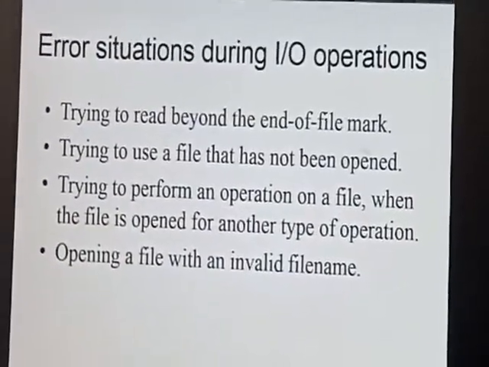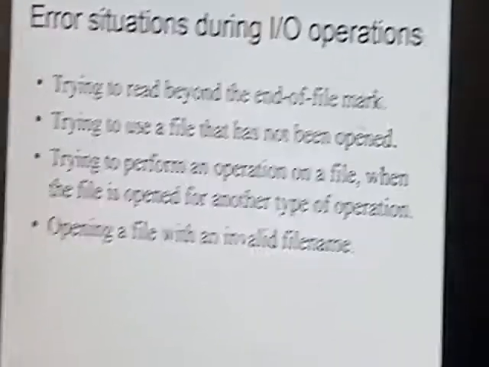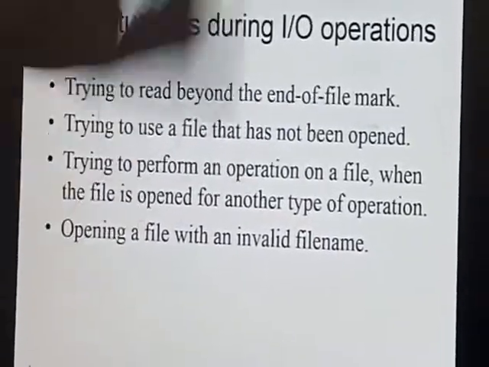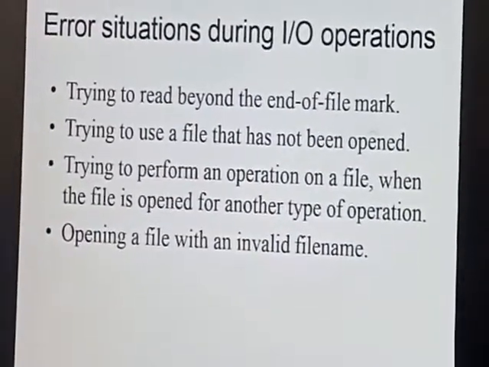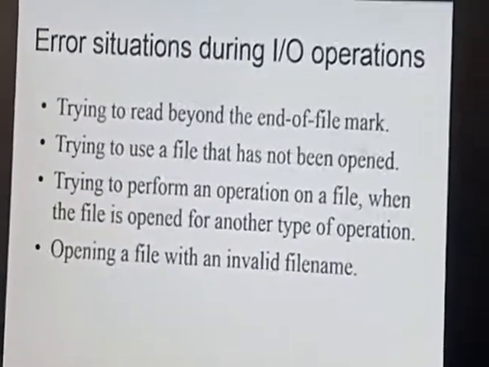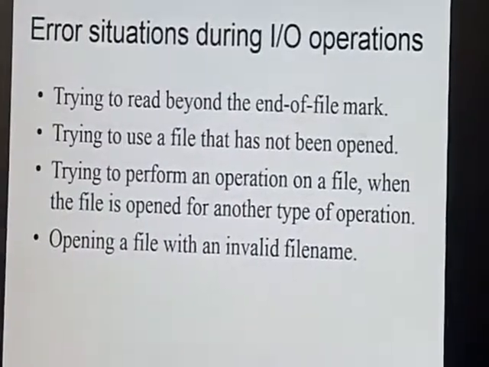Next we are going to study the errors that commonly happen in IO operations. Here you have reached the end of file, and after that if you want to read, it is not possible. If you make such an operation, that is one error.